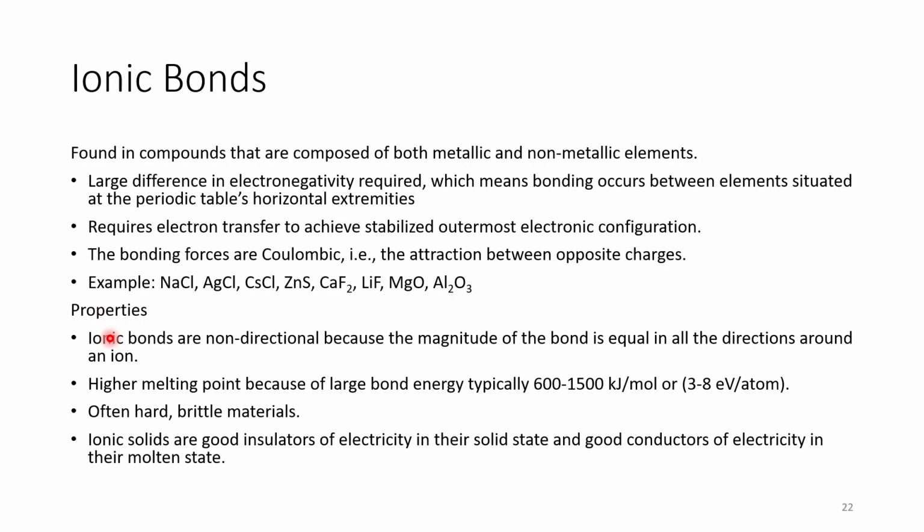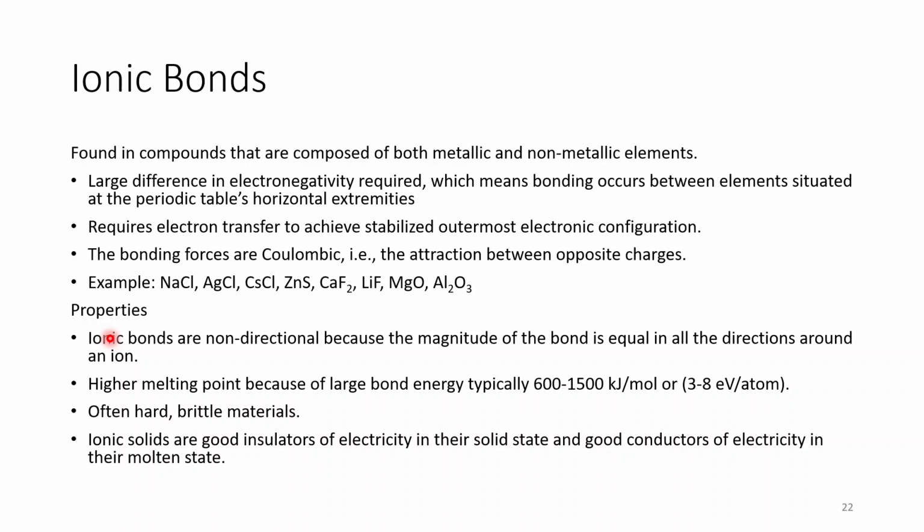Next you have ionic bonding. It is found in compounds that are composed of both metallic and non-metallic elements. A large difference in electronegativity is required, which means bonding occurs between elements situated at the periodic table's horizontal extremes.